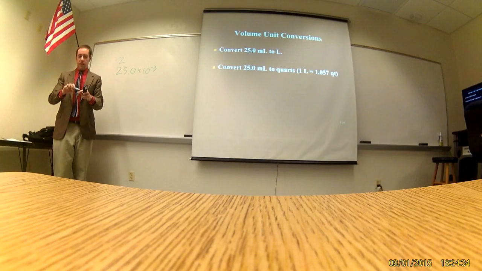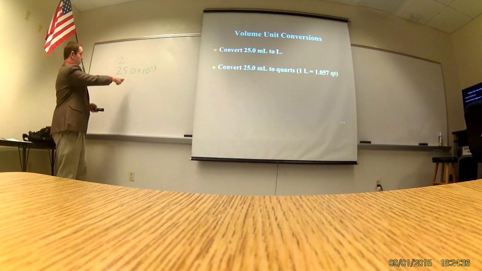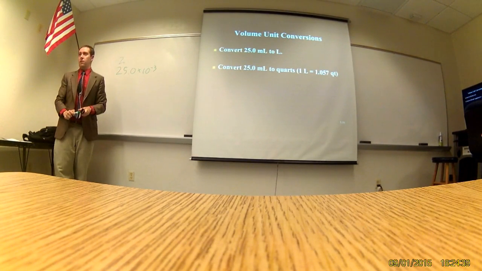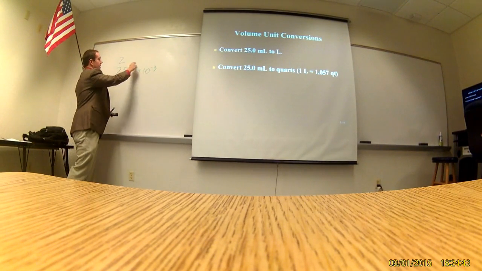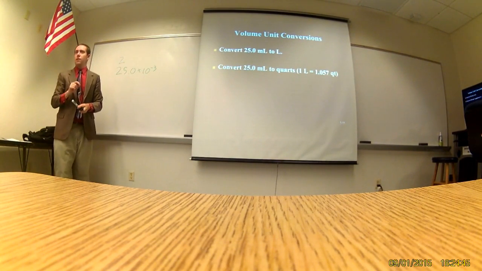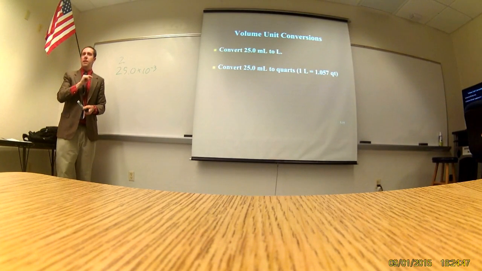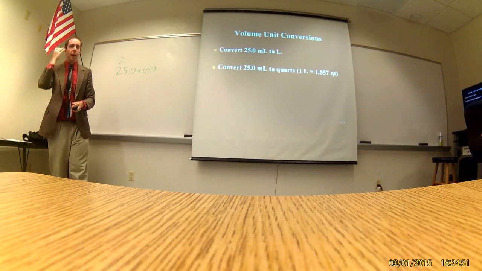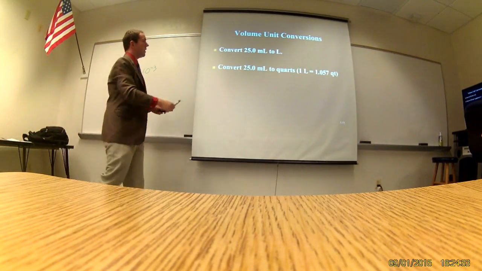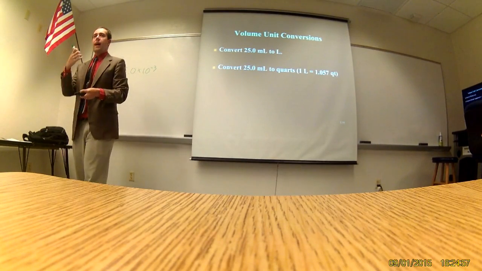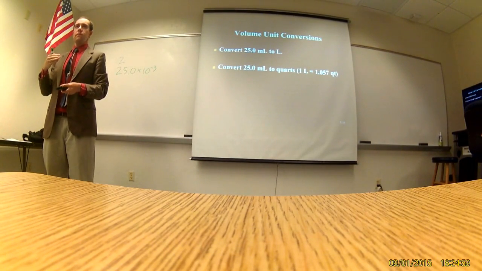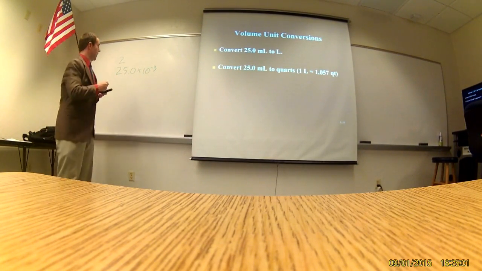If you remember these exponents, you can put that into your calculator. If you know what you're doing, you can do that, but to me it's not logical. The logical way of doing it is to say, I know it's 1,000, do I have to multiply or divide? I want a smaller number, so I'm going to divide by 1,000.